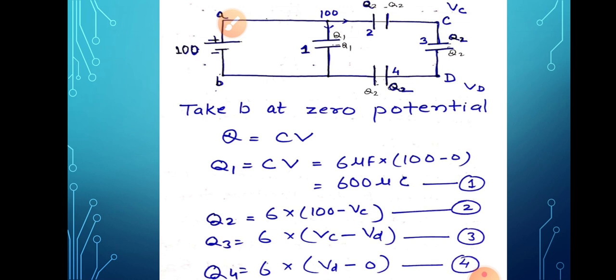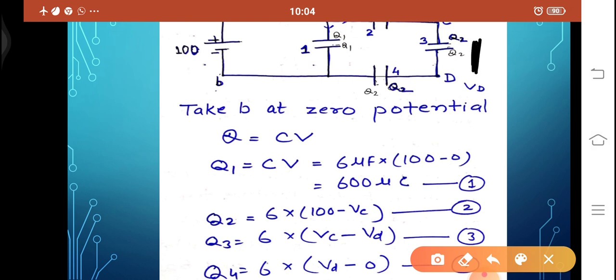Now Vc minus Vd will be the potential difference here. So Q3 will be 6 into Vc minus Vd. Then we take D point and this point, Q4: 6 into Vd minus 0, because this is at 0 potential. This point is 0 potential, so Vd minus 0.